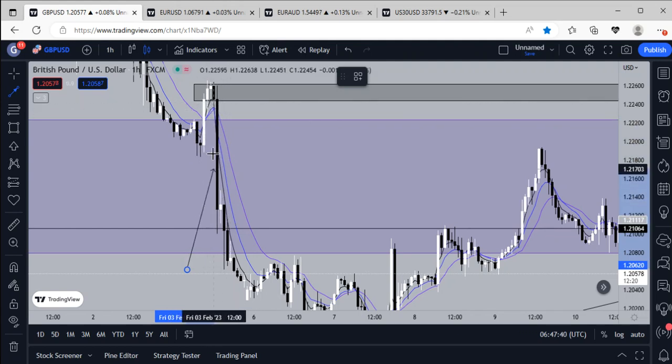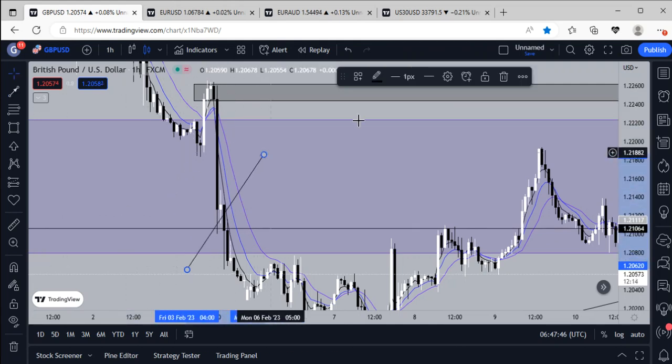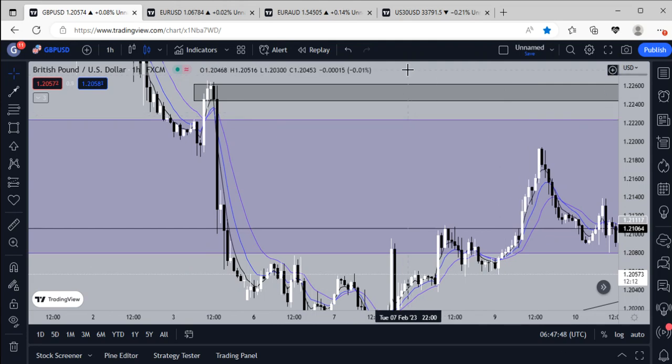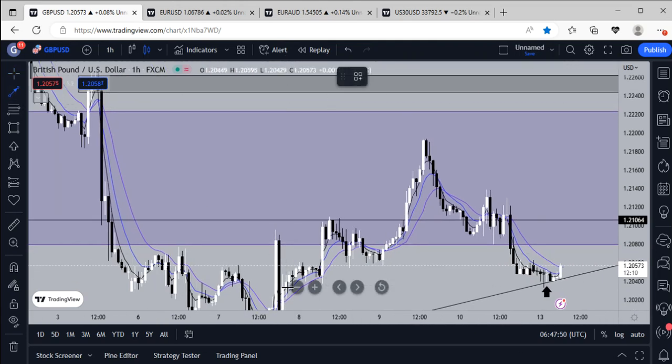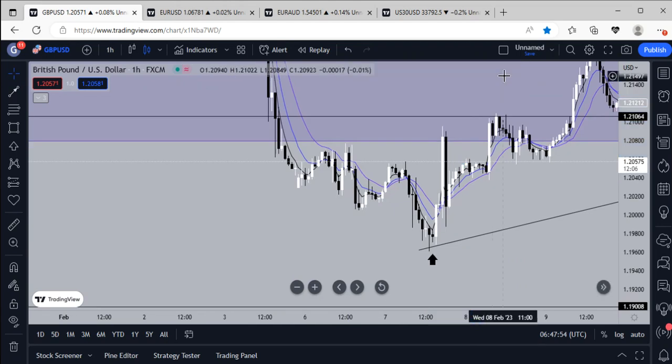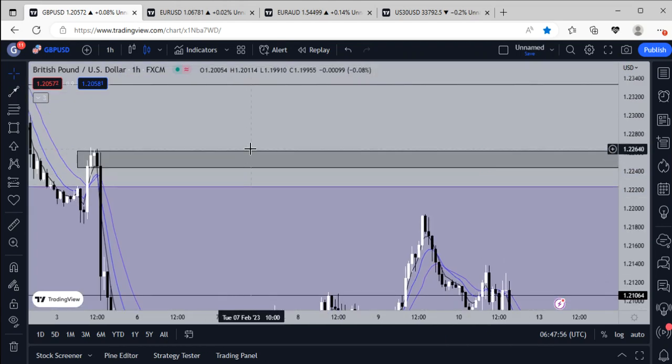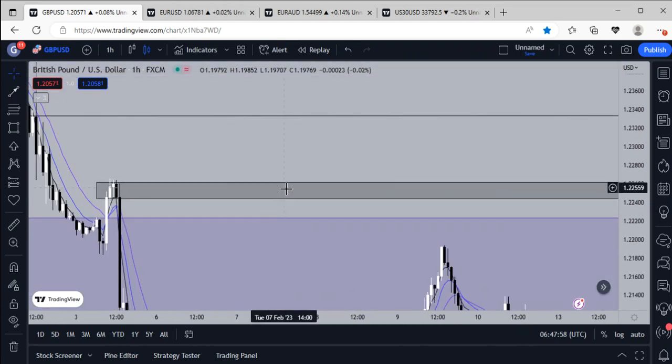There is a big form of imbalance, all right, but it has really been taken care of on a higher time frame. So I'll just look for price to reject somewhere in this area, but I'll keep that lower high in mind.